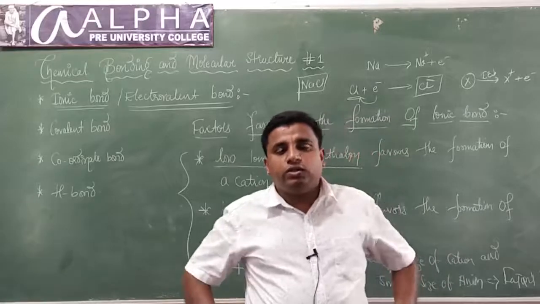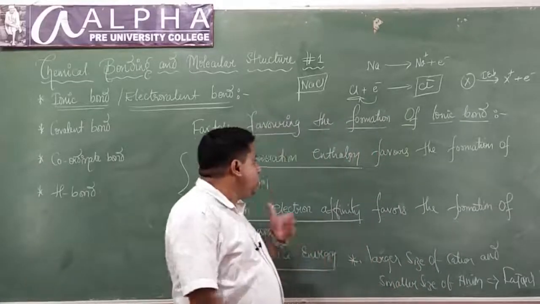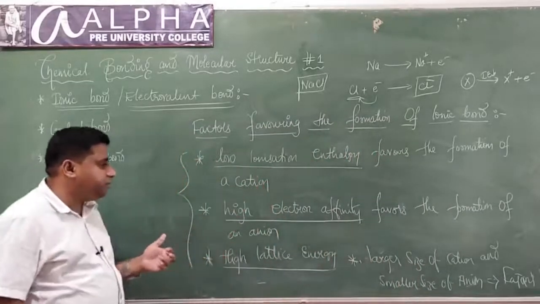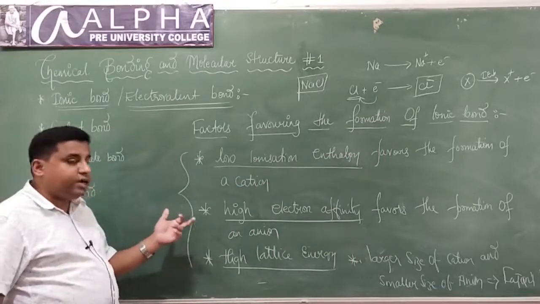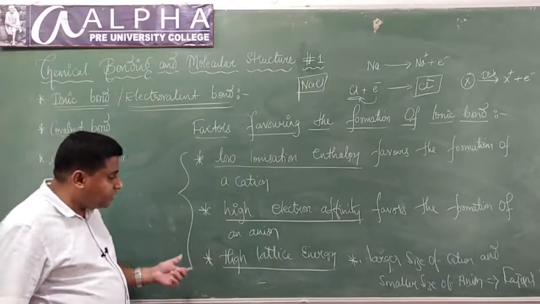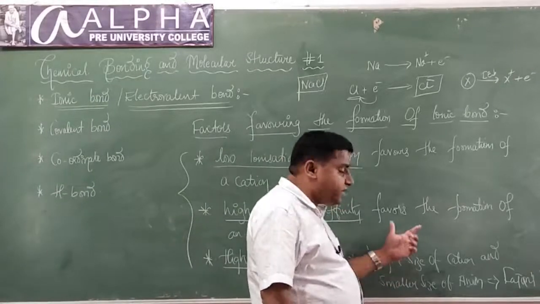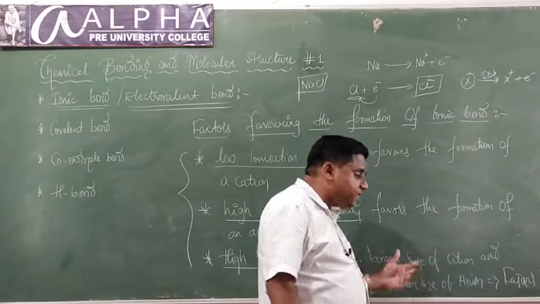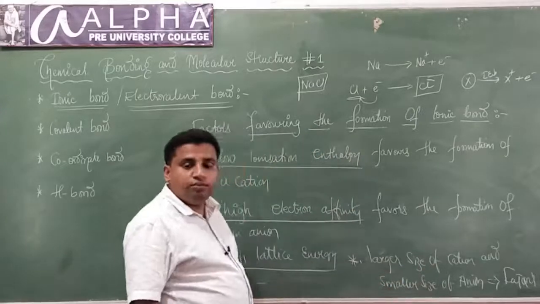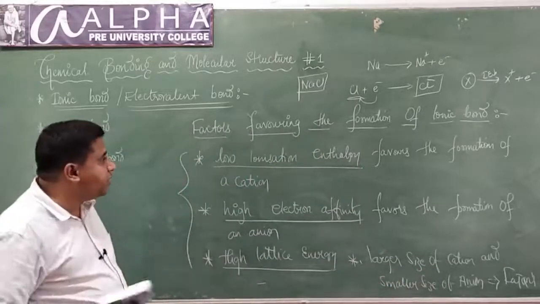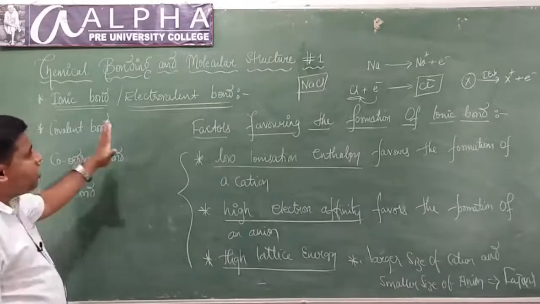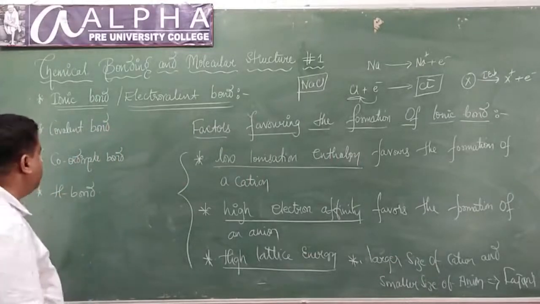Which are the factors, students? One, low ionization enthalpy. The other one is high electron affinity. The third one is high lattice energy. And the last one is large size of cation and smaller size of anion, according to Fajan's rule. So that's all about an ionic bond or electrovalent bond.